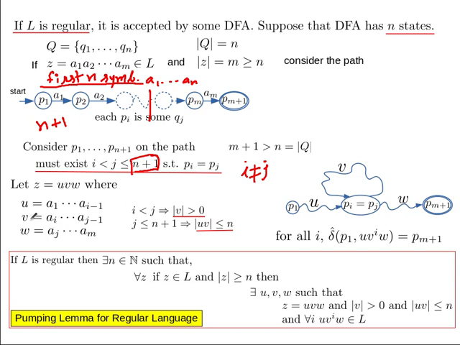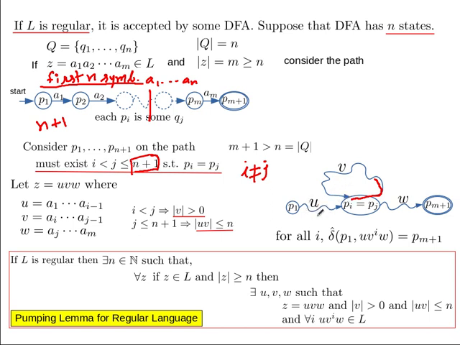So what is happening in this v part is that you start from Pi, process something, go about, and come back to Pj after processing v. Then from here you process the rest of the symbols from Aj to Am, call that w, and you reach the final state. I am not saying that there is no other repetition.